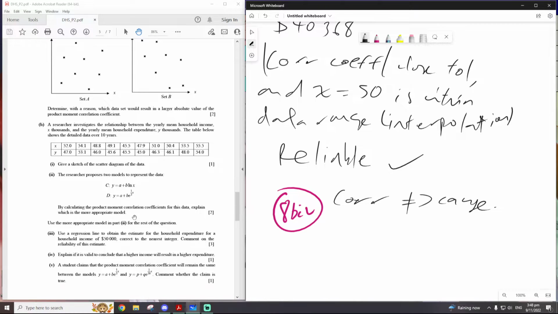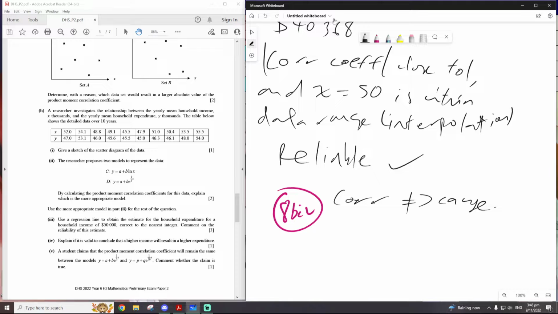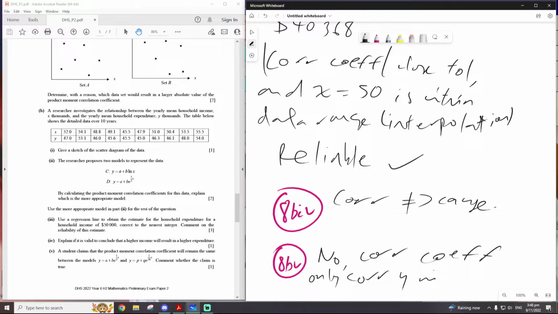A student claims that the product moment correlation coefficient remains the same between y and e power half x and e power 1 over 20x. Is it true? Well, the answer is also no. Correlation coefficient only correlates y with e half x.